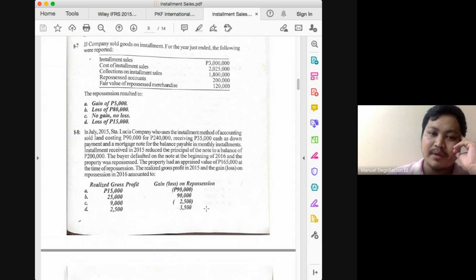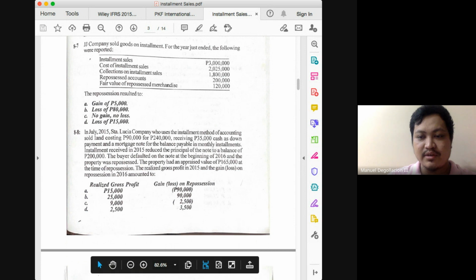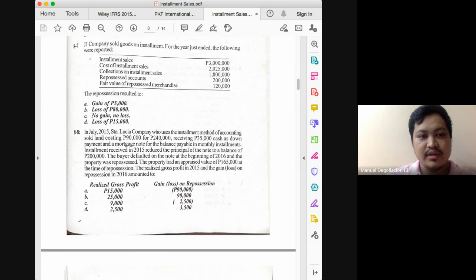But for the sake of practice, let's try to solve for the gain or loss on repossession. We've already determined that the receivable attributed to the land that was defaulted is 200,000. Okay, and this can lead us to our unrecovered cost. You multiply 200,000 by the cost ratio of 37.5%, you would get 75,000 as our unrecovered cost. The other thing we need would be the market value at the time of repossession.